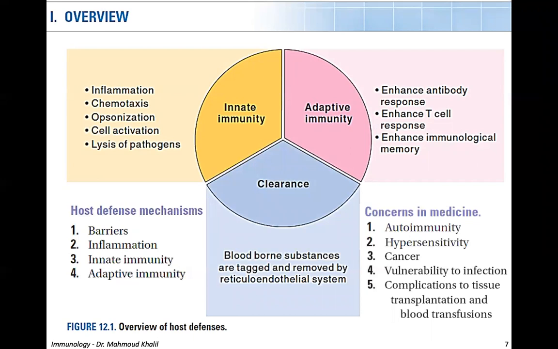Any disturbance in our immune system will lead to various diseases, including autoimmunity, hypersensitivity, even cancer, susceptibility to infections, and as well, immunity is related to complications in tissue transplantation and blood transfusions. So this slide is an introductory slide for the components of the immune system.